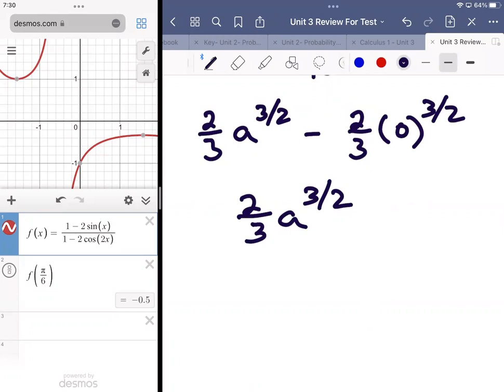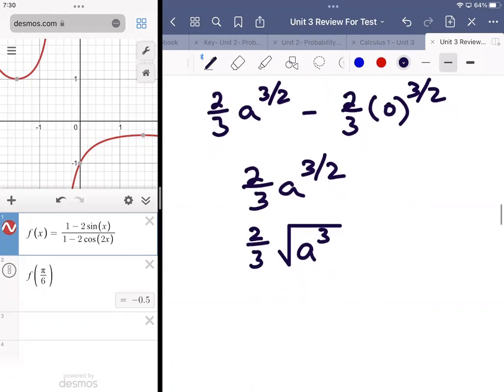Now, when you have a fractional exponent, the numerator is the power, the denominator is the root. All right. If I want to simplify this, I would write it as a times a squared, so that I would have an even power under the radical.